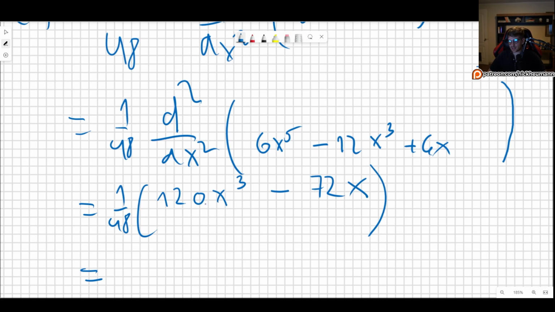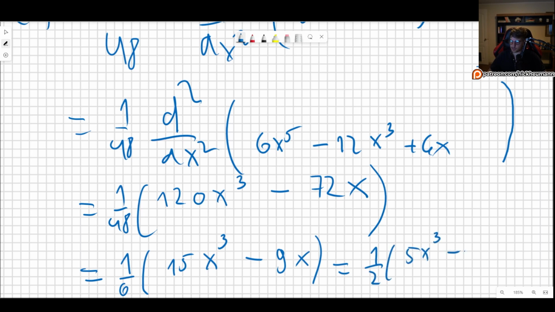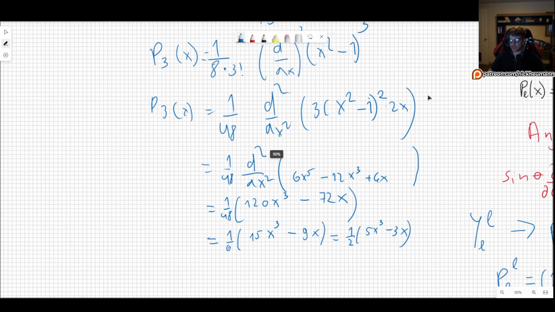Yeah, or 8. 8 could be faster. So 1 over 6 divided by 8, this would be 15x cubed, and this is 9. So we can still simplify by 3 actually. So this would be 1/2 times (5x cubed minus 3x). Okay, so I think that's as simple as we can write it.